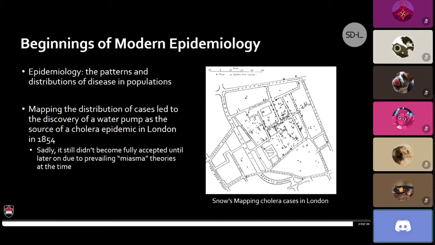Unfortunately, for some reason, it wasn't enough evidence to convince folks at the time of the value of finding patterns in cases and of disproving this miasma theory for cholera. But this is understood to be the birth of epidemiology, and Snow is the father, of sorts, of modern epidemiology. Next slide, please.